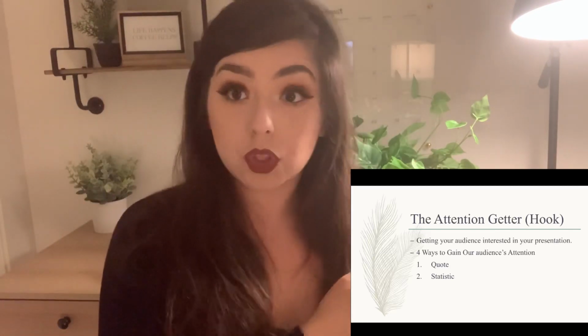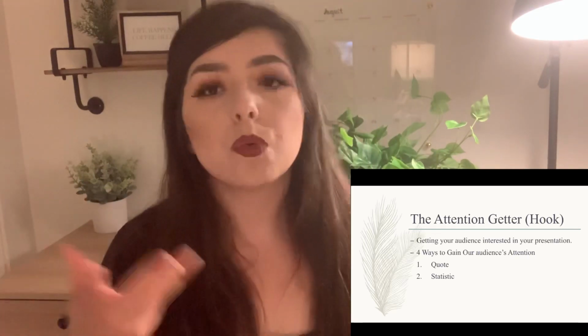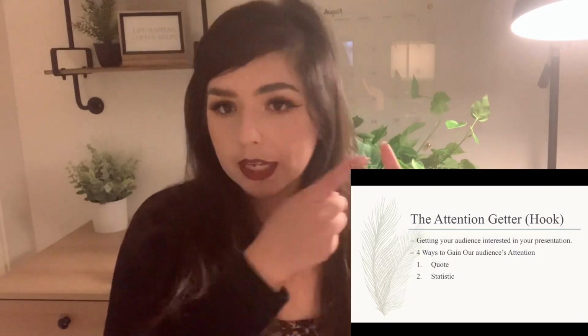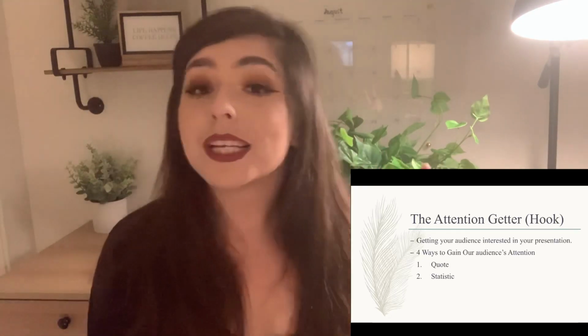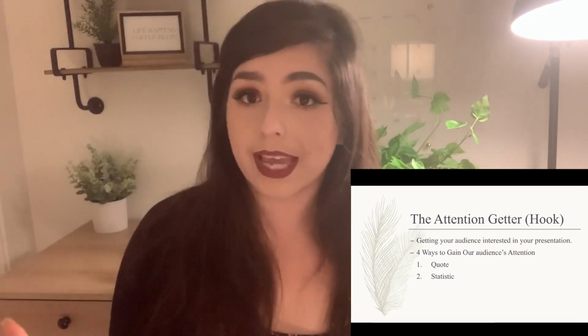That's something that you can look up, and that's a great way to capture your audience's attention, but also relate it back to your audience and be like, hey, you all are college students. So again, first, you can use a quote. 2nd, you could use a statistic, and remember, it needs to relate back to the topic at hand.